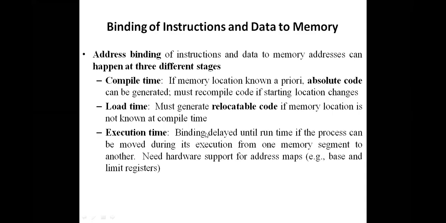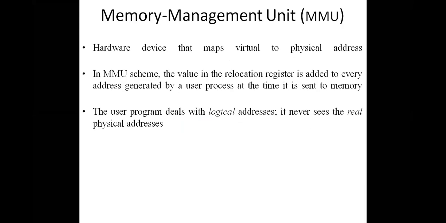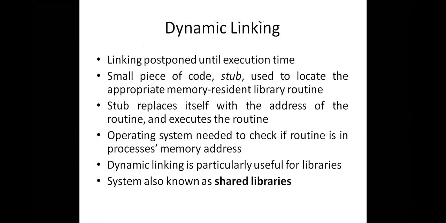That is called memory protection. Whatever instructions you want to execute must be in the process address space only. That means it is in between the base and limit only. It should not move to higher or lower addresses. So that is called dynamic linking. Dynamic linking means you are linking some other routines to your actual program.